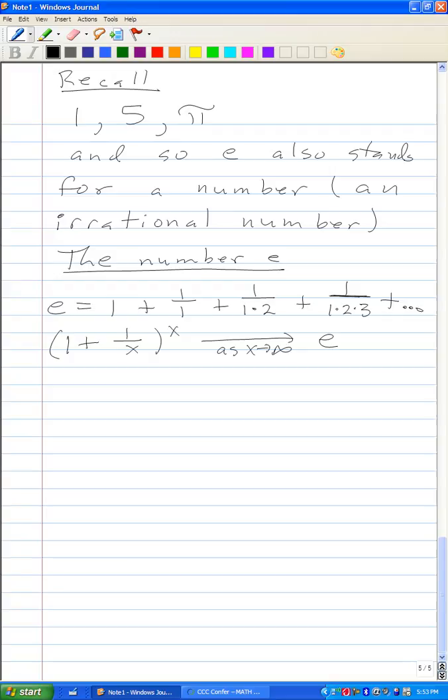So 1 plus 1 over a million to the power of 1 million will be very close to e. Make it even bigger: 1 plus 1 over a billion, all to the power of 1 billion, will be very close to the number e, even closer, etc. And so pick larger and larger numbers, and you get the number e.